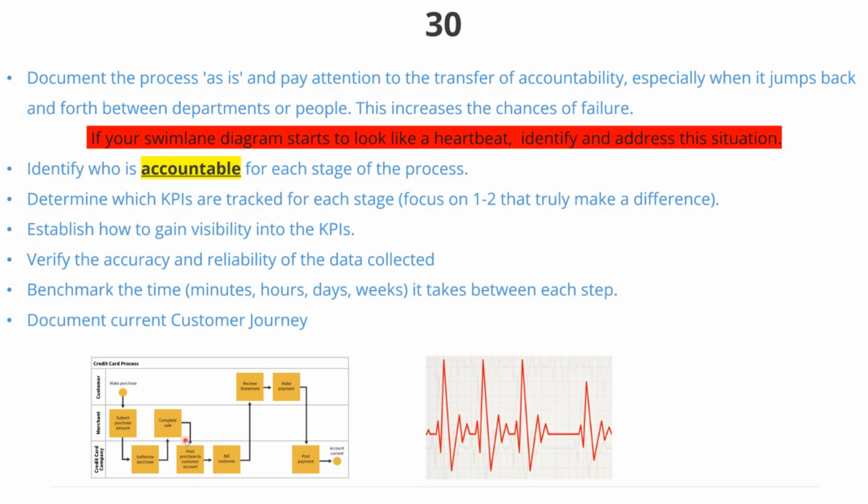So this needs to be minimized. And if your swim lane diagram looks like a heartbeat, this is wonderful news because you found something you can fix relatively easily, and it will have a 100% improvement in your customer support.